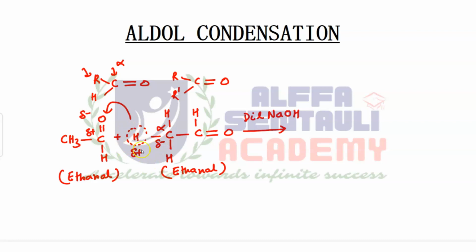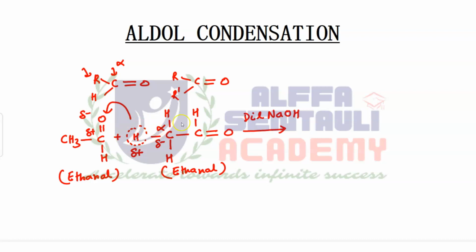So this alpha hydrogen will combine with the oxygen of this carbonyl group, and this carbon and this carbon will combine with each other. When this bond breaks, this hydrogen will combine with this oxygen and carbon and carbon will get bonded. So this is known as condensation, right?